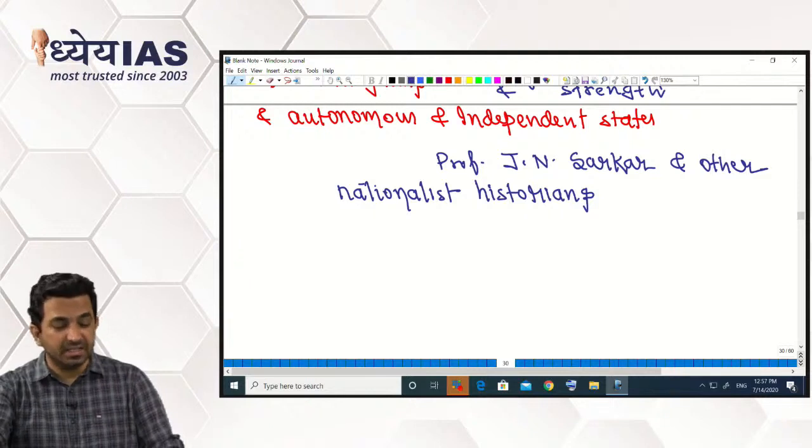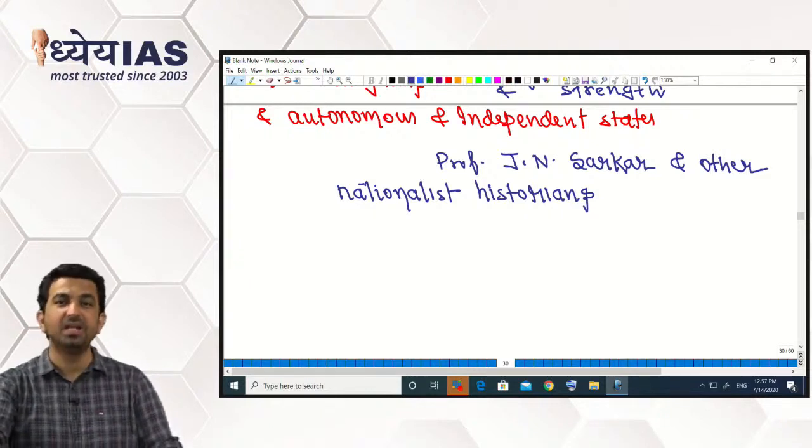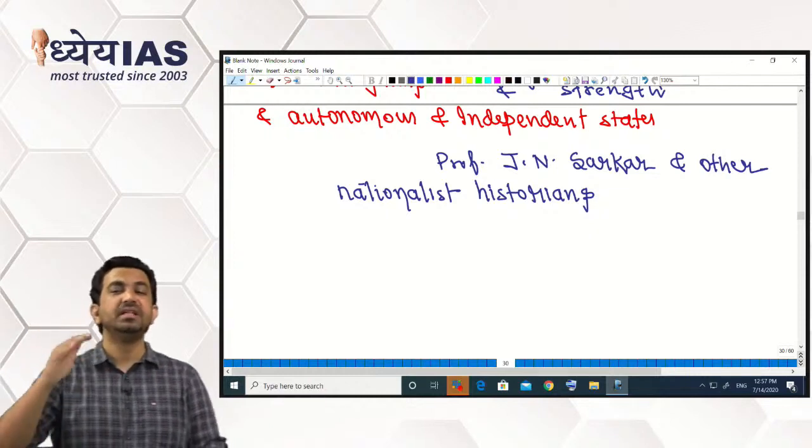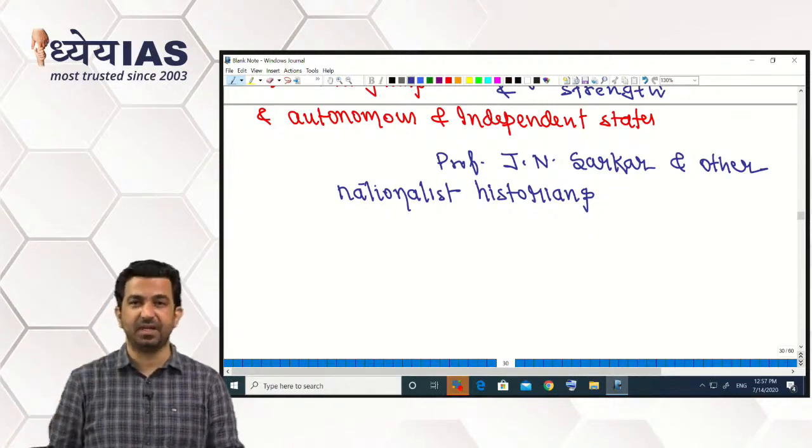And this was the reason for the collapse of the Mughal Empire, though there were several other reasons as well.